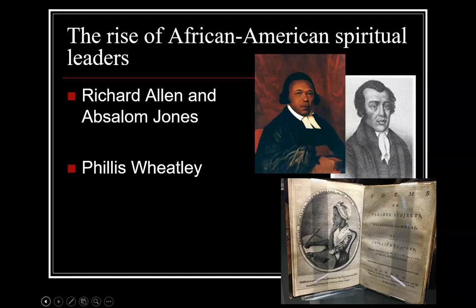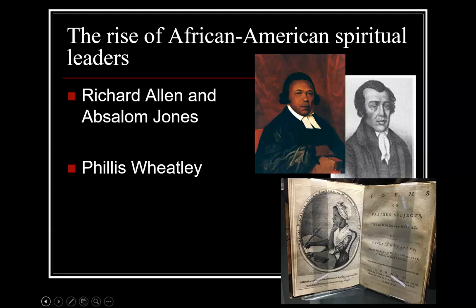Phyllis would publish a book of poems in 1773 entitled Poems on Various Subjects, Religious and Moral. It was published internationally. The publishing was helped by George Whitefield's patron, Selina, Countess of Huntingdon in England, who was very supportive of Whitefield, and she helps Phyllis Wheatley publish this book.